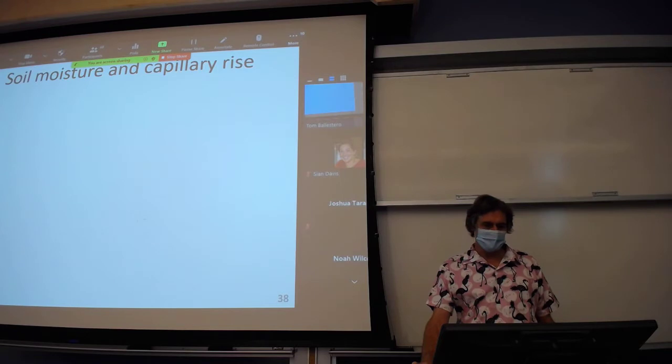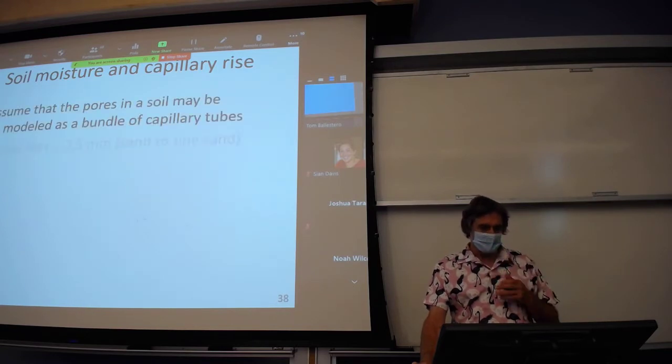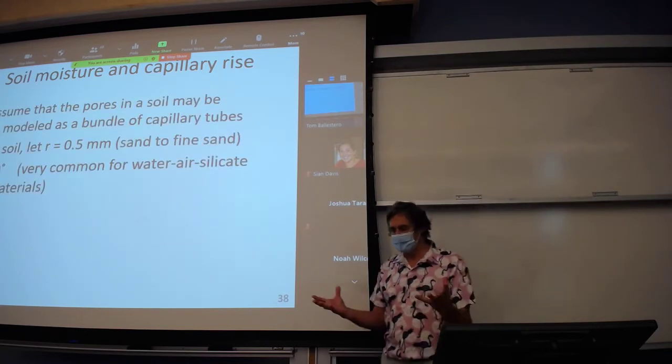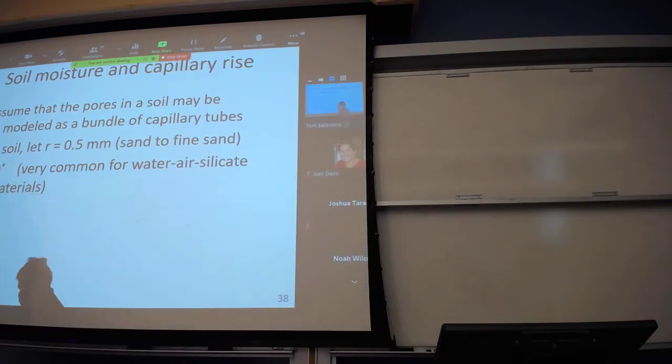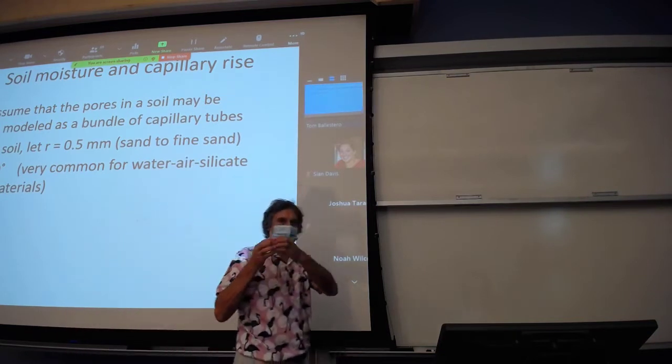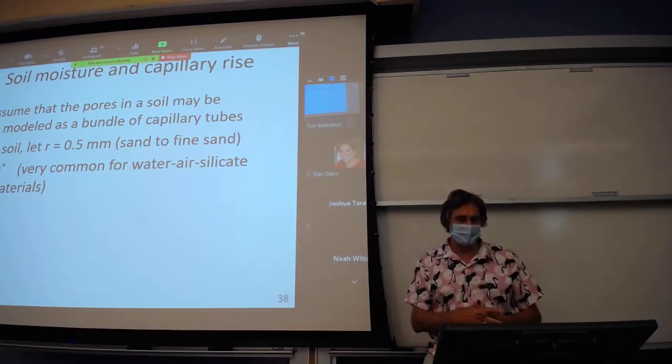Okay, so we're looking at a soil. Here's an example. And in this soil, we're assuming that the pore spaces are basically analogous to a bundle of capillary tubes, a bundle of the tubes that we just saw on the previous page.